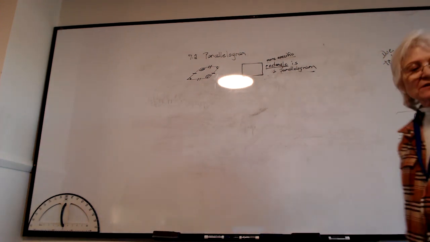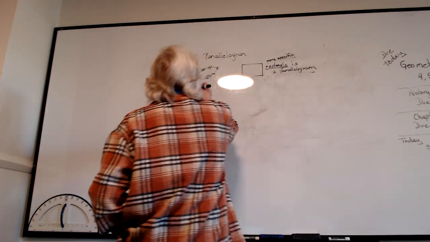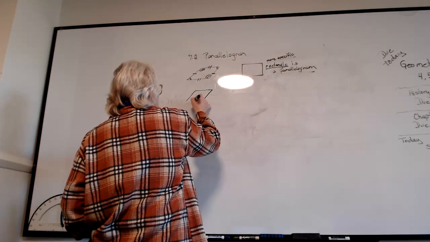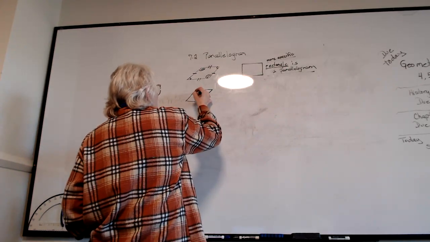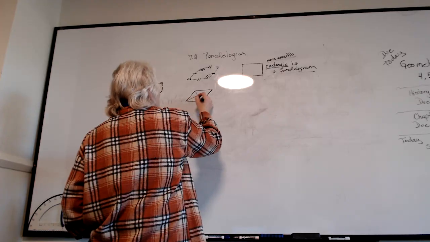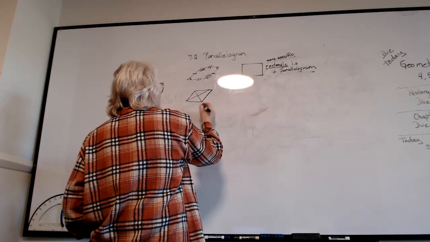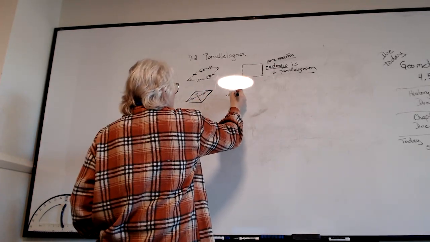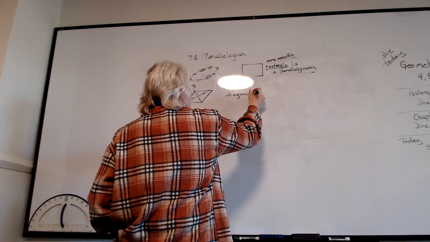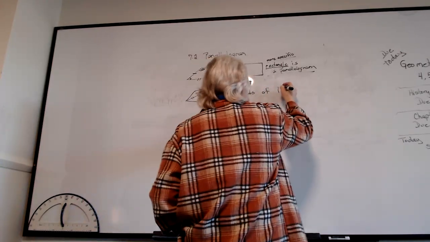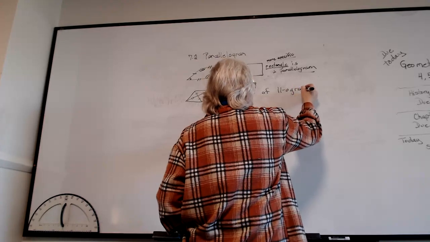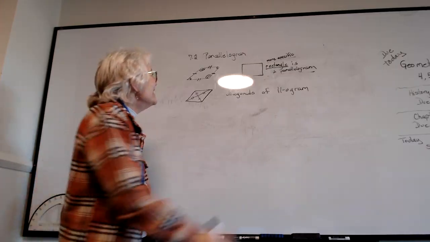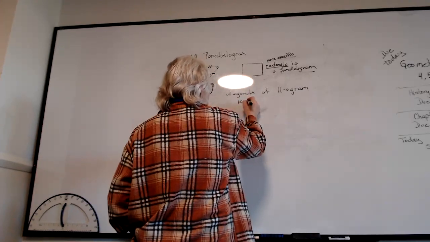Okay, some other things that we know about them: if I have a parallelogram like this, and I put the diagonals in, that's not accurate, but okay, they bisect each other. So the diagonals of a parallelogram bisect each other.